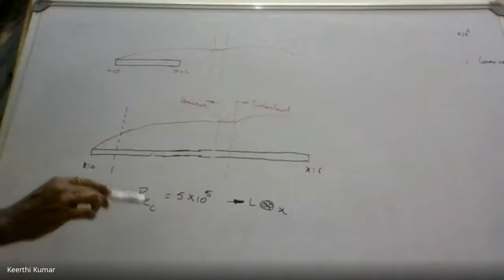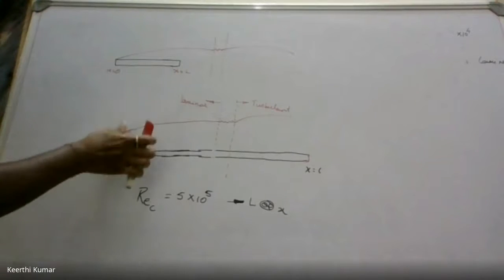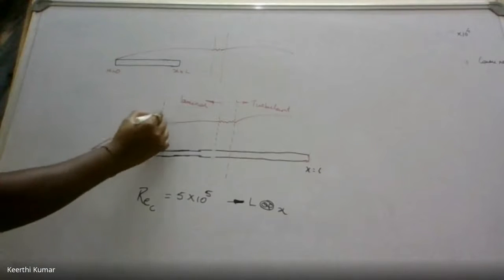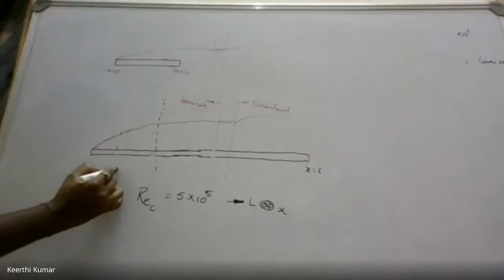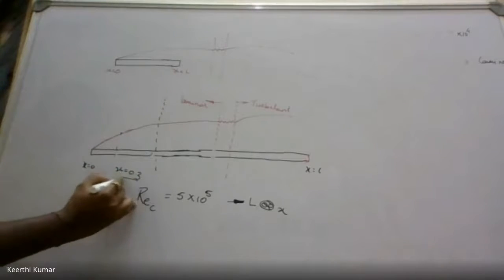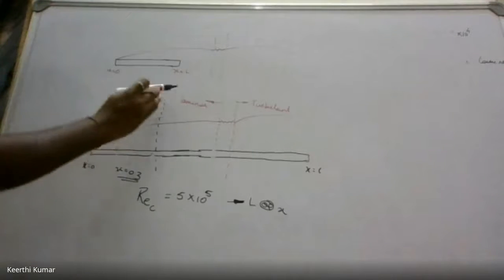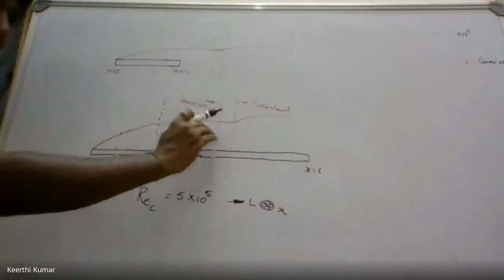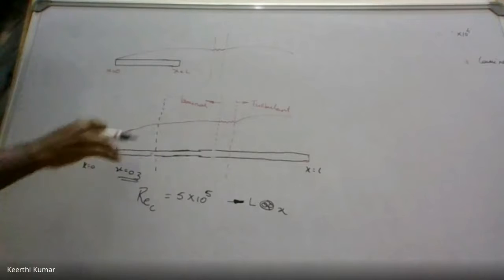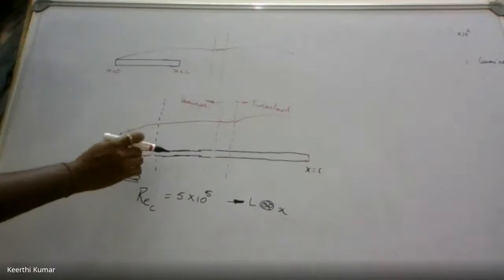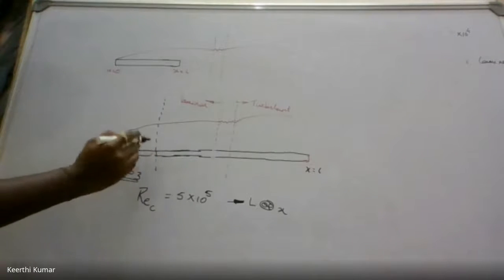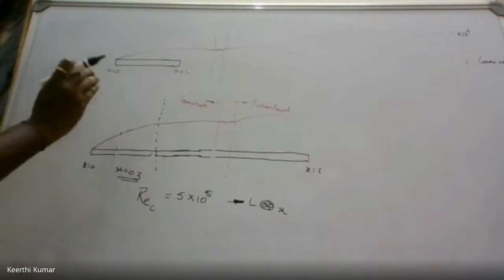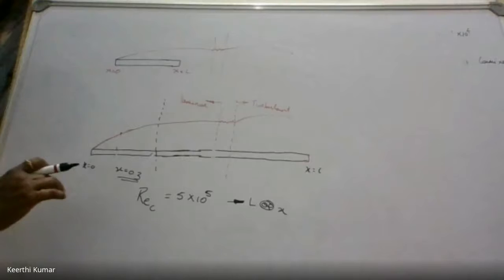But the question was limited to somewhere here, with x equal to 0.3 something, and everything was to be calculated in this region. He himself limited it up to this value and cut the plate up to here. So we know it is well below the turbulent region, and everything we got was laminar flow only.